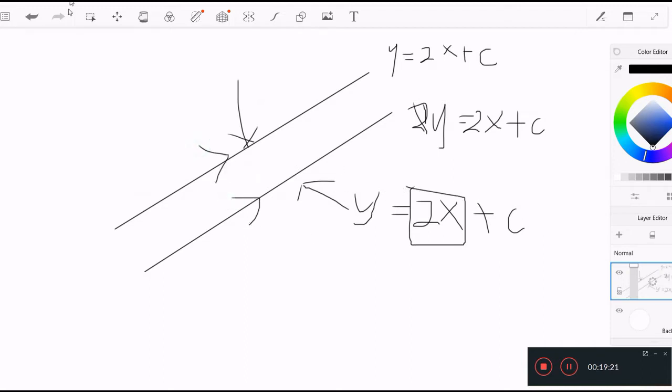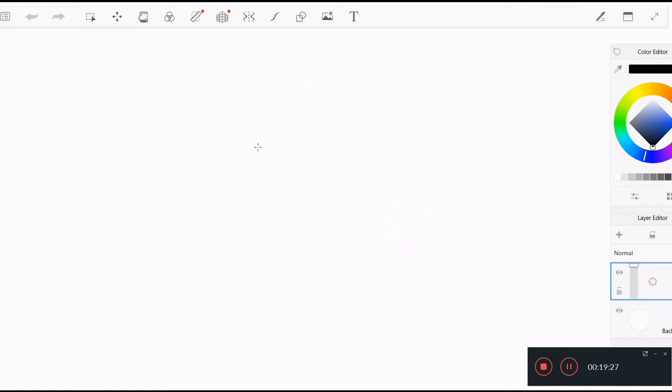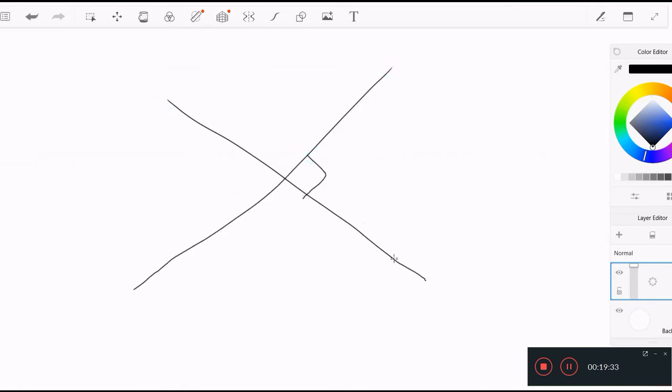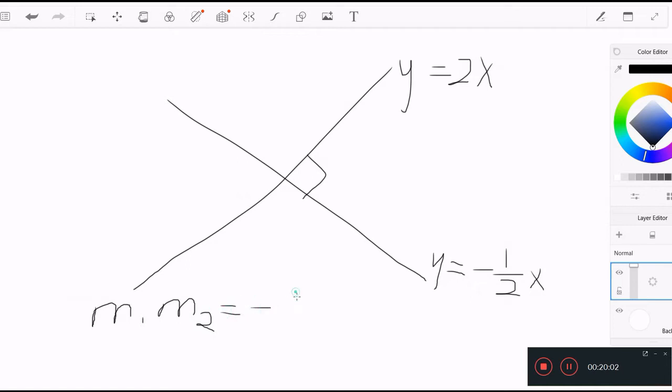So what about the other case, where the line is perpendicular, meaning you have 90 degrees over here? If this is y equal to 2x, I straight away know the slope of the other line gives y equal to negative 1 over 2x. How can I get this value? You have to memorize the formula. For perpendicular lines, m1 times m2 equals negative 1.